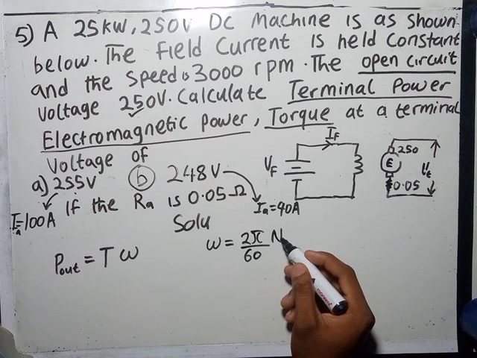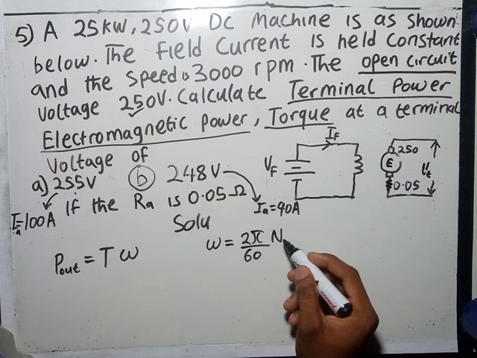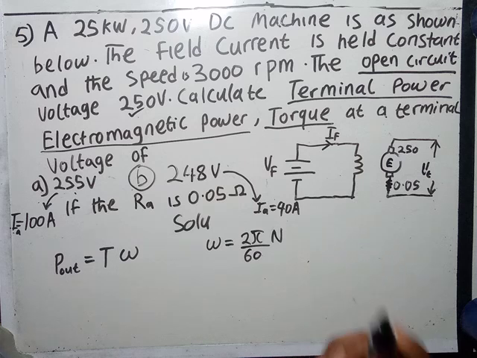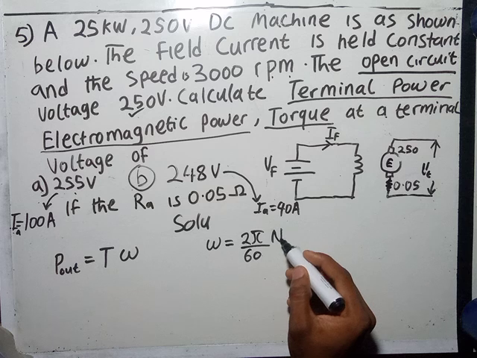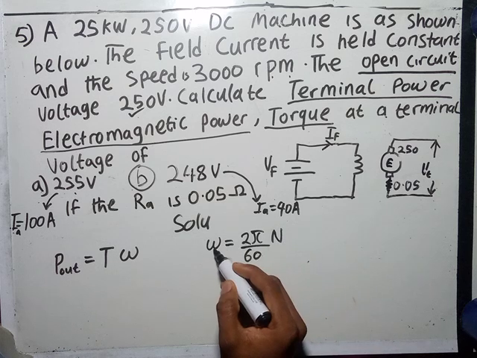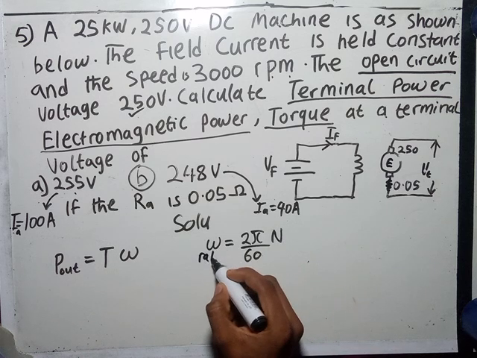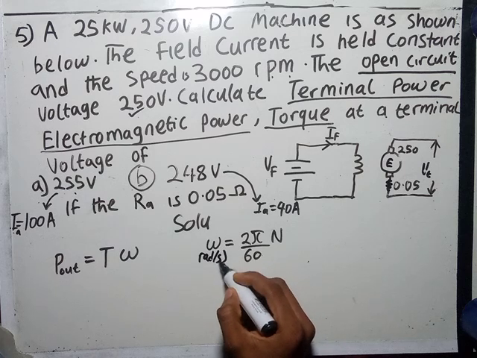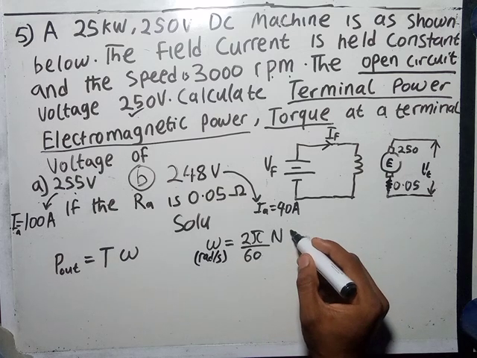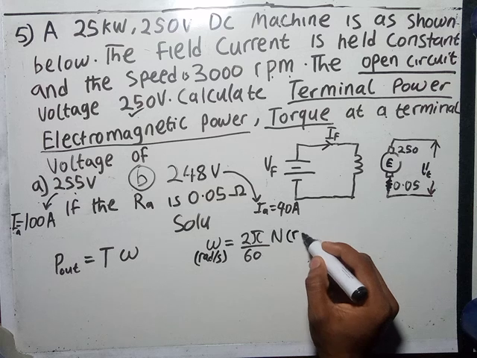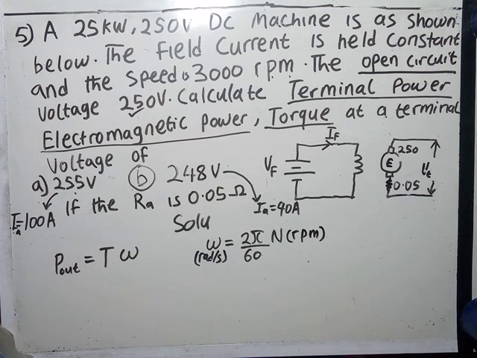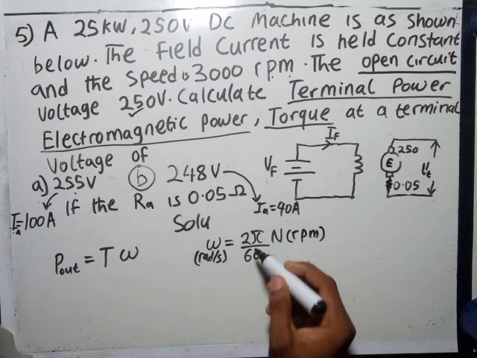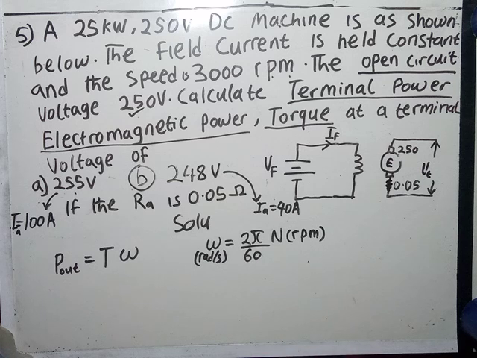This is also speed, but this is measured in revolution per minute, the unit for this N. But this over here is measured in rad per second. So though they are both speed, they have different units.